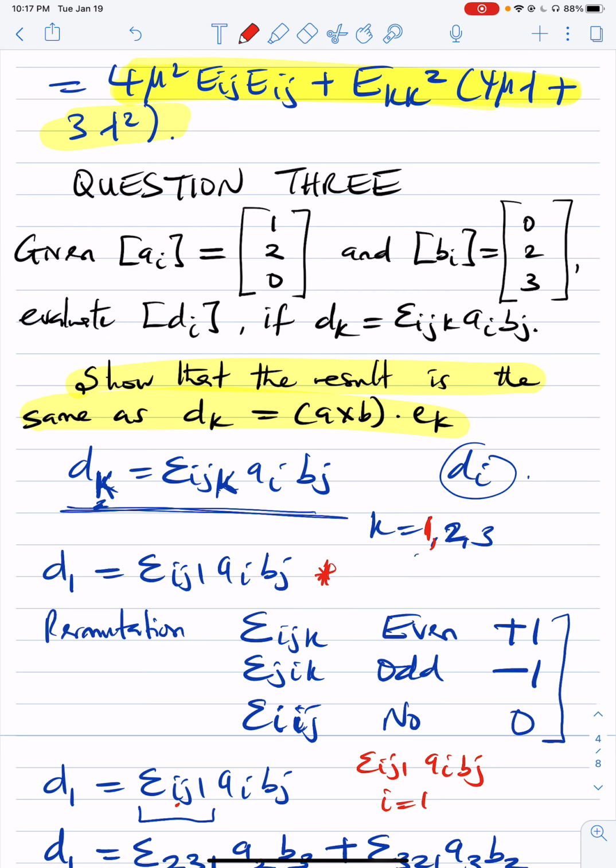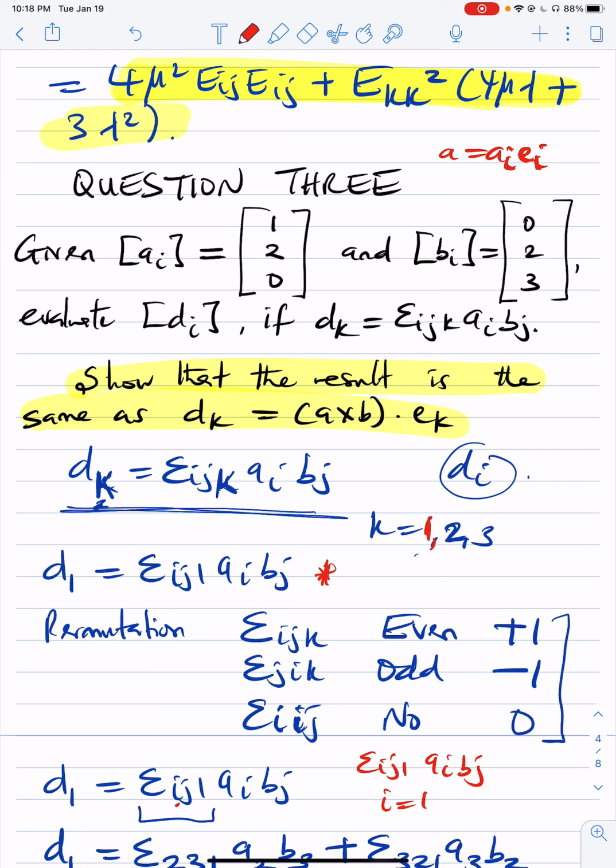Remember, A is equal to AiEi, meaning the components of i times the base vector. I hope you can still remember that from the lecture.